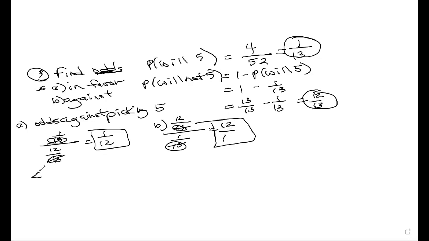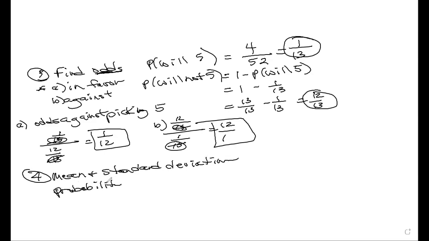All right. Another thing you have to find is mean and standard deviation. And it's got to be a probability distribution table, or it's got to be a binomial problem.